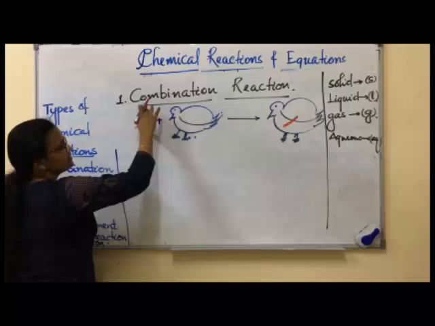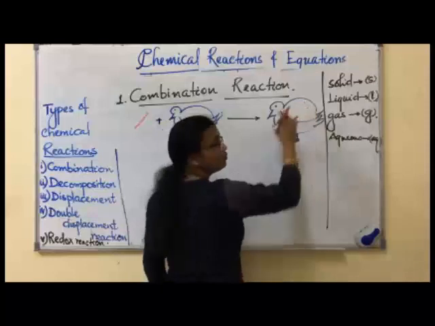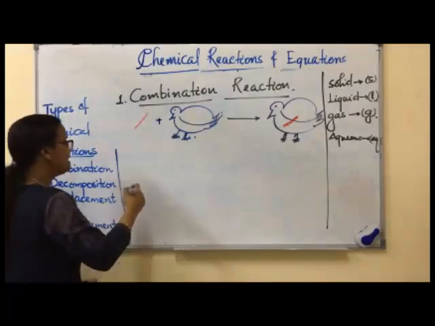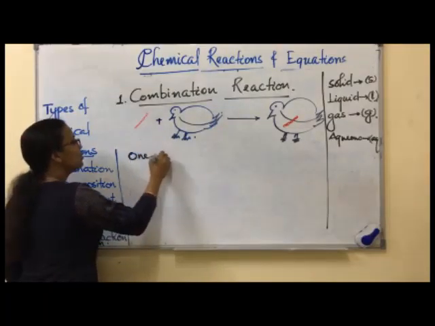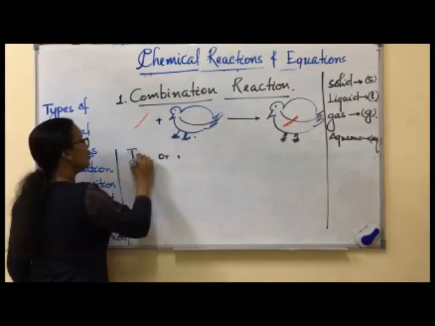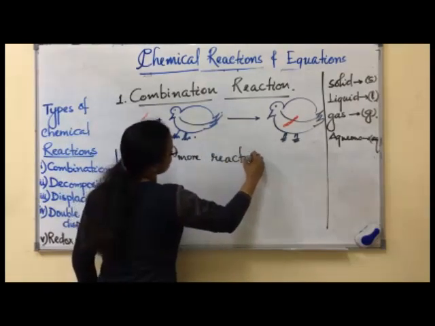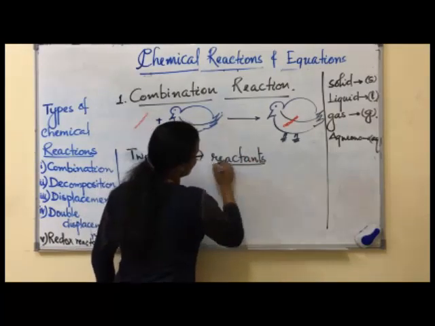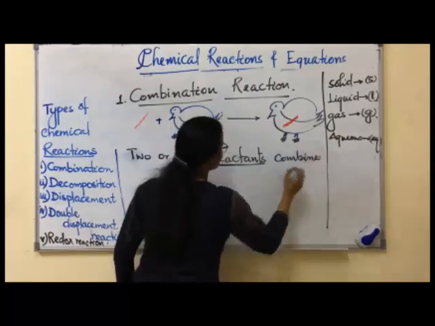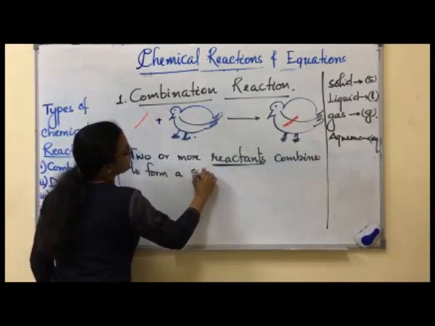There are two separate components and now they converted into one single unit, one single component. That means we can say two or more reactants combine to form a single product.